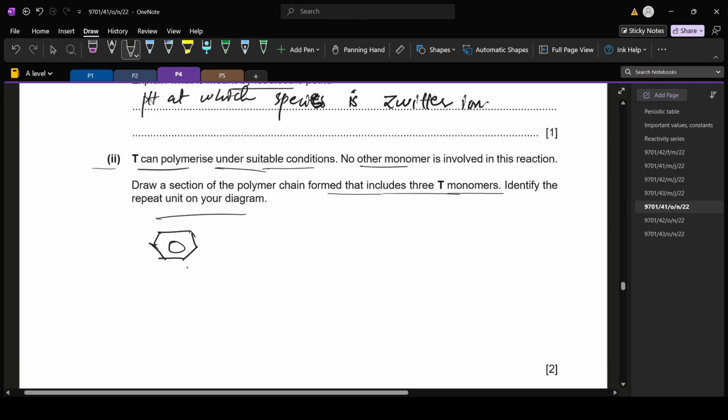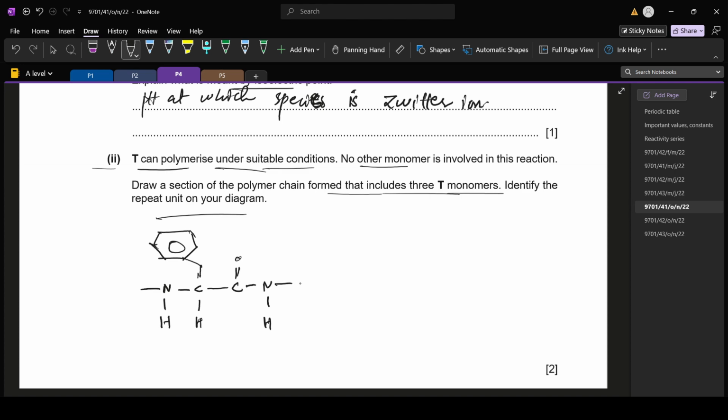This CH and H, and this will form a carboxylic group like this, and then you will have a CH, like this. Then you will have a ring like this.